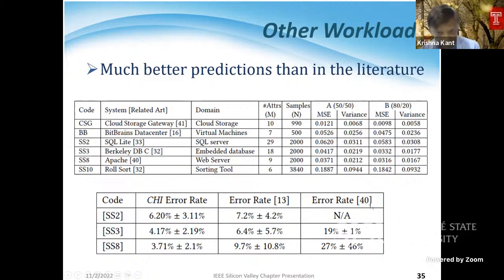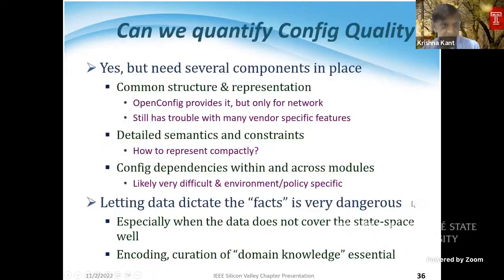In fact, there are other papers which report for some of these workloads that these workloads are too bad and we cannot really determine their performance. And the reason is that most of these analyses were based upon the data only and did not use the domain knowledge. And it's the domain knowledge that really gives you much better results. Okay.